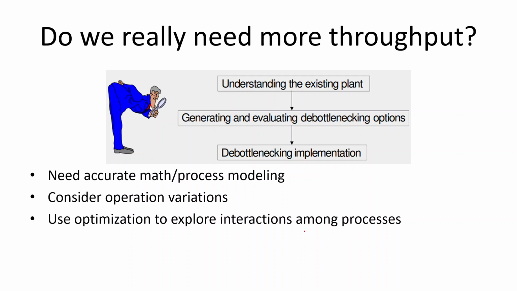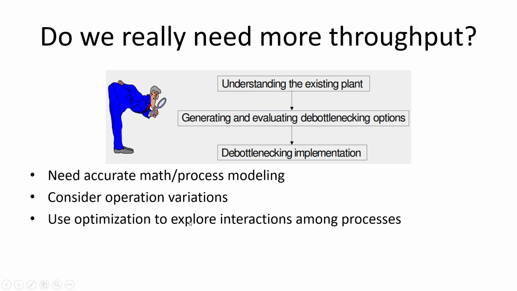So you have two models as you have been seeing now. And then we generate and evaluate the debottlenecking options and then implement them. So to do this, we need an accurate enough representation of the plant, like what we have in the Excel file. And then we can simply consider the operation variations and then do the optimization.